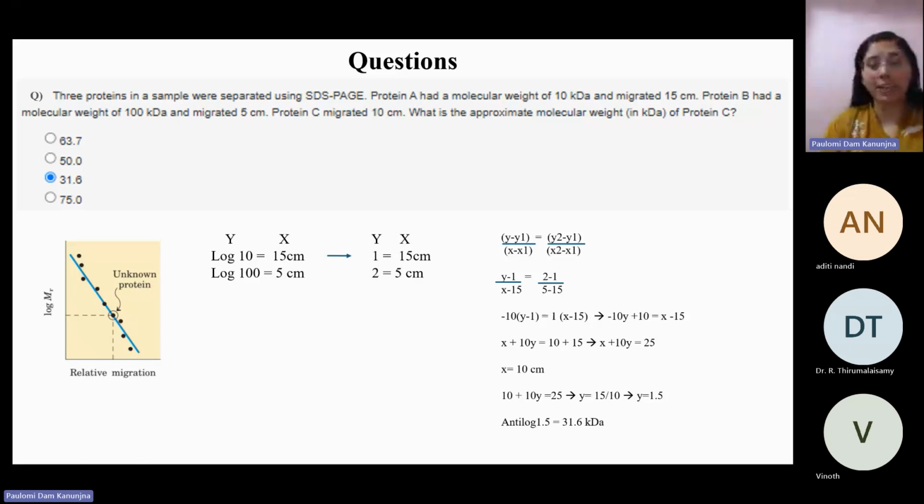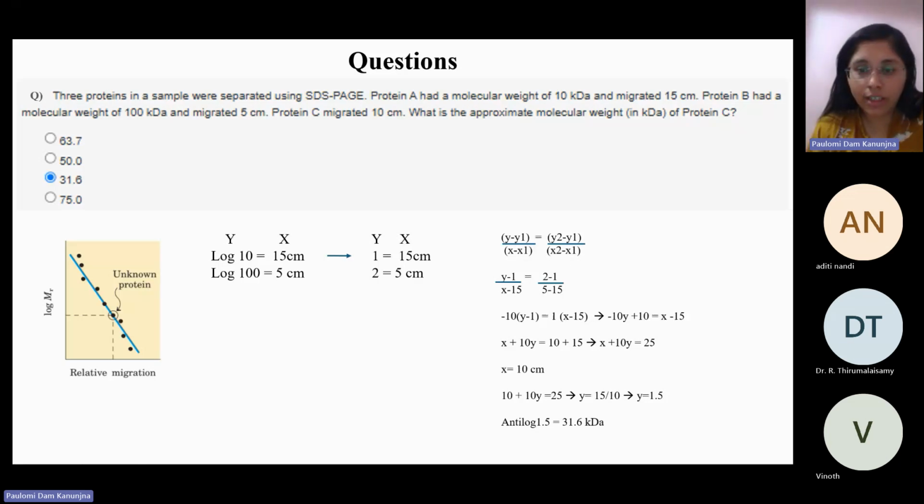Now, simple maths that we have used. If we have two points, we can use them to find the straight line equation. So how do we do that? We do y minus y1 divided by x minus x1 is equal to y2 minus y1 divided by x2 minus x1. This is a standard linear graph equation.